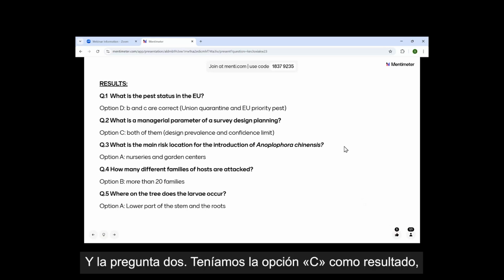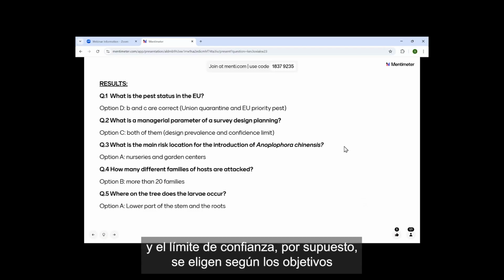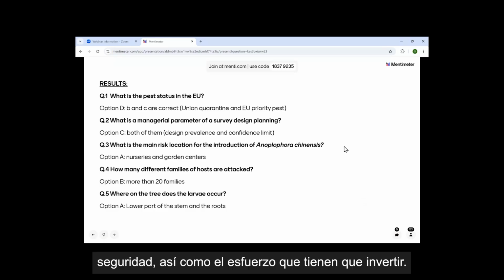And question 2, again, we had option C, combining both of them, because the design prevalence and the confidence limit are both chosen according to the objectives of the survey that has to be performed, and are balanced against each other in a trade-off between precision and safety versus the effort you have to invest.